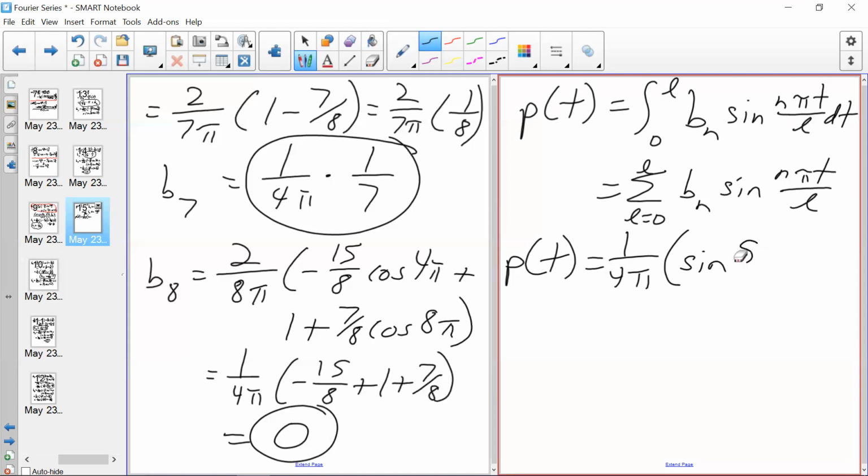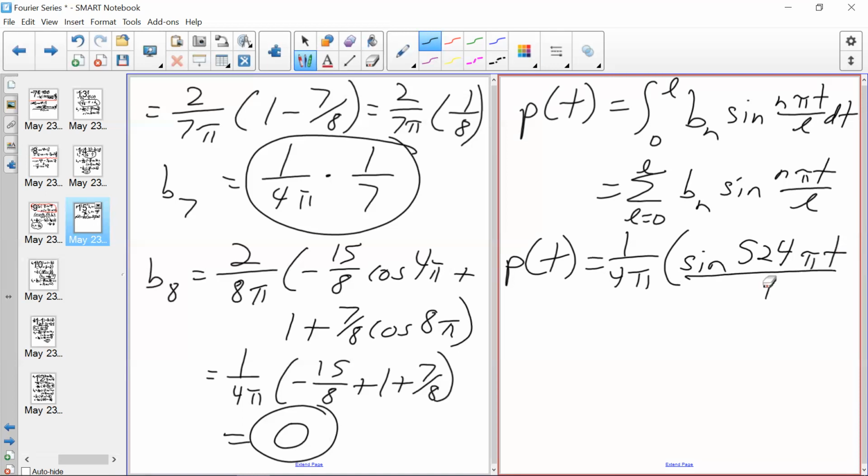So it's going to be 524 pi t, and it's going to be divided by 1, because that's the first term in the series.